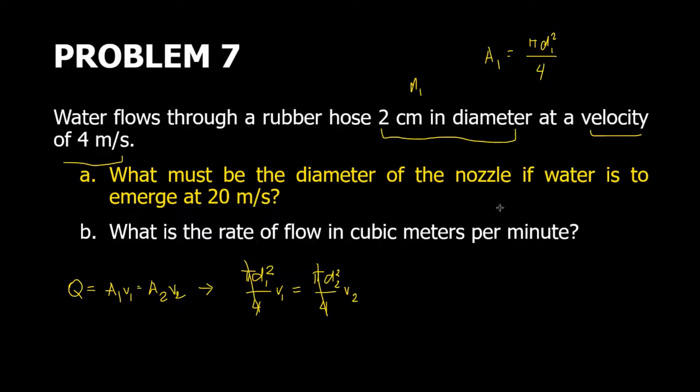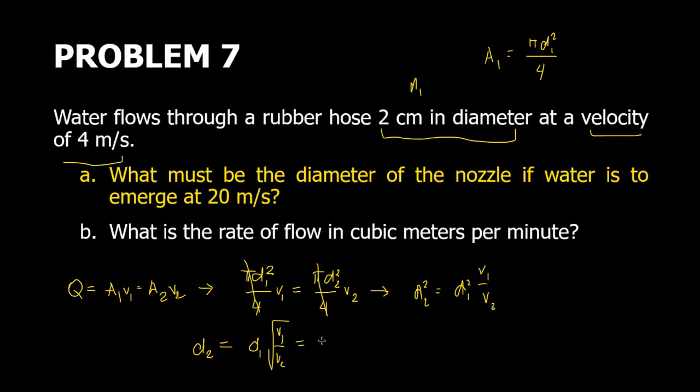And we're finding diameter, D2. So D2 squared is equal to D1 squared times V1 over V2. And thus, kung dito lang hanapin, then D sub 2 is equal to D sub 1 times the square root of the ratio of the velocities.